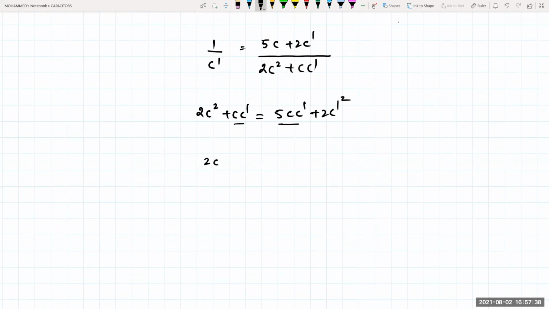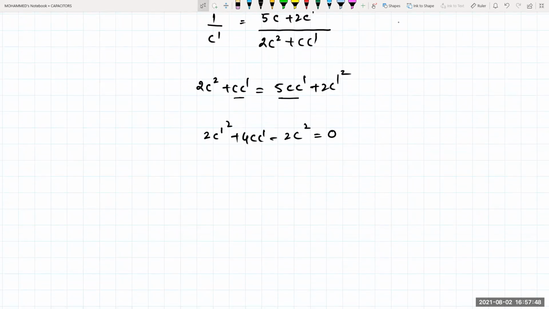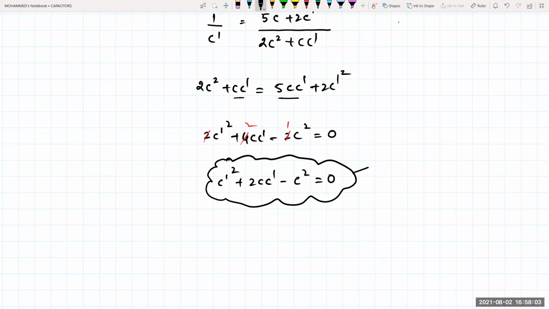So it is 2C dash square plus 4C C dash minus 2C square equals 0. So the 2 cancels out, and this becomes C dash square plus 2C C dash minus C square equals 0. Again, this is quadratic in nature. So this one will be your quadratic in nature.